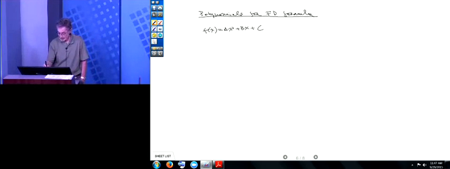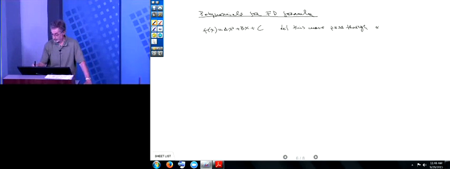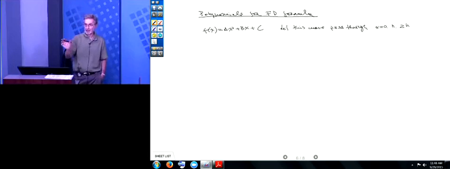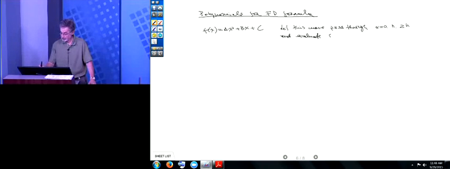Suppose we let this curve pass through the following points: x equal to 0, h, and 2h. For this purpose, we're assuming that we have equal distances between adjacent grid points, and you want to evaluate f prime of 0.